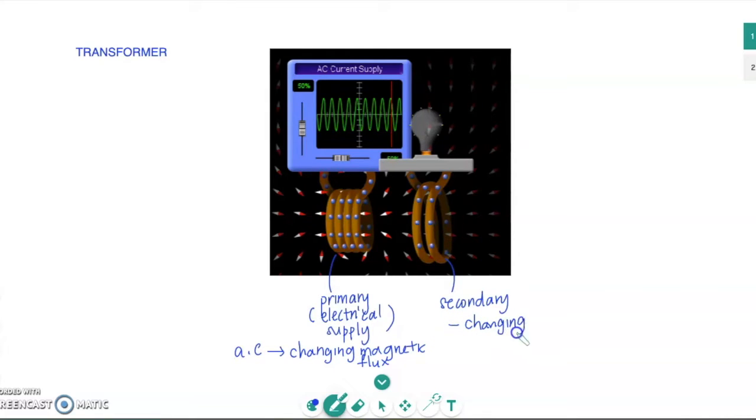So we also have a changing magnetic flux here. Whenever there's a changing magnetic flux in the coil, there will be an induced EMF. And in this case, because it is a closed circuit, we're going to have an induced current.